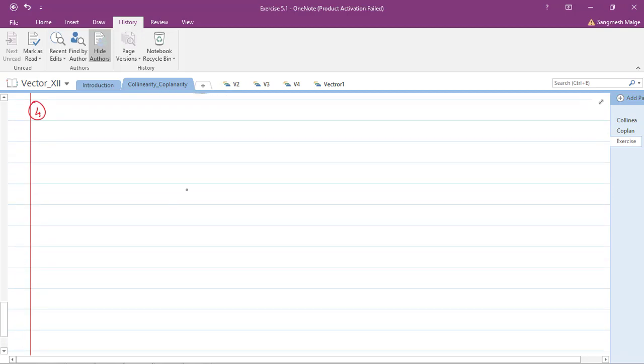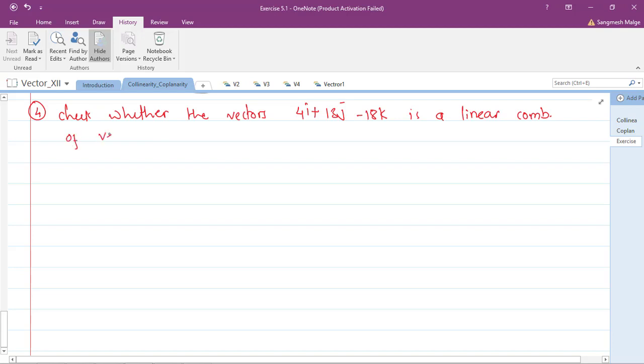Check whether the vector 4i plus 13j minus 18k is a linear combination of the vectors i minus 2j plus 3k and 2i plus 3j minus 4k.